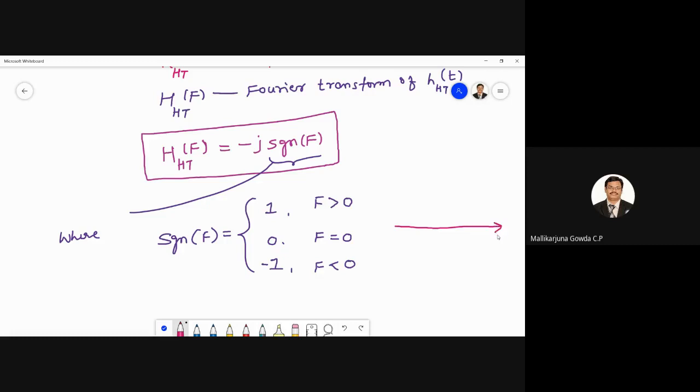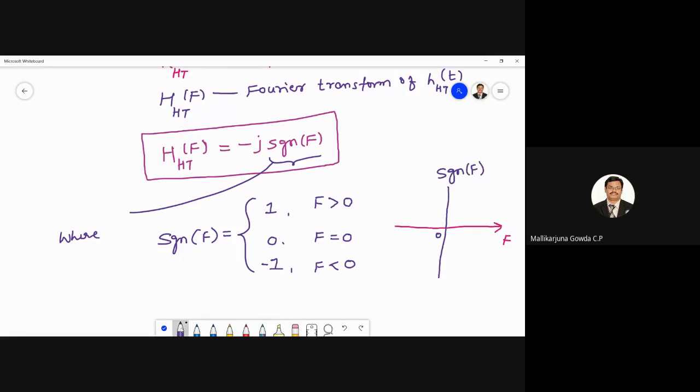This will be my frequency axis. The x-axis will be the frequency axis, and this will be the y-axis. So I can say this is 0, and this is my signum function, signum of f.